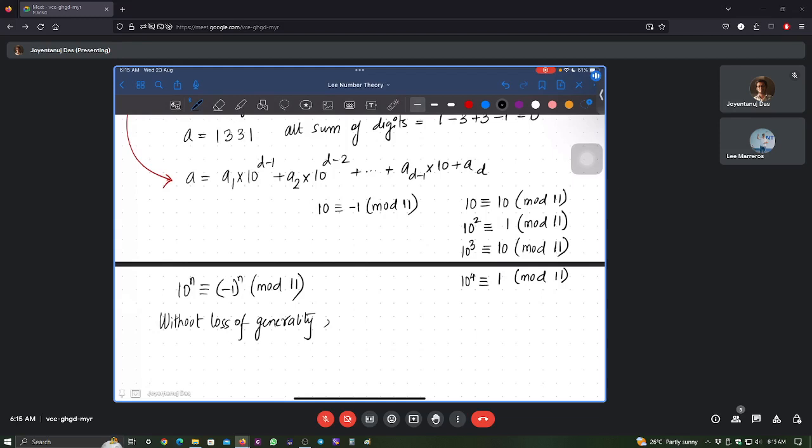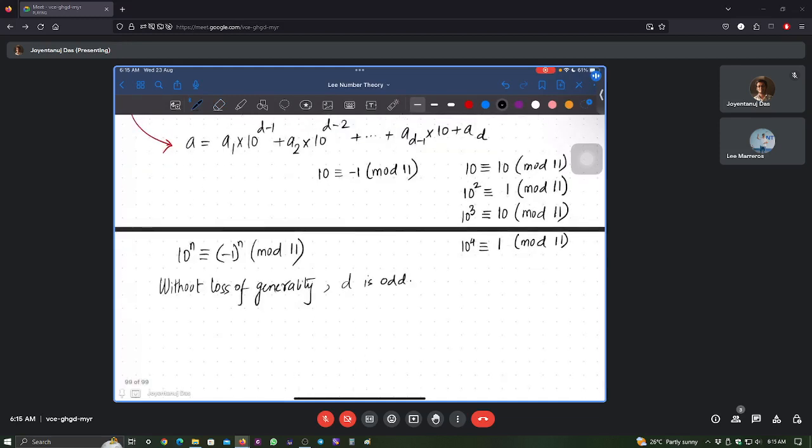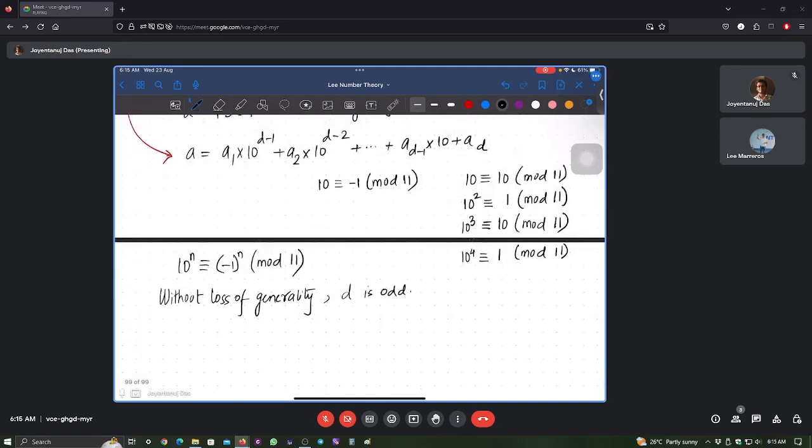Suppose d is odd. So if d is odd, then what will happen to A if I apply modulo 11?